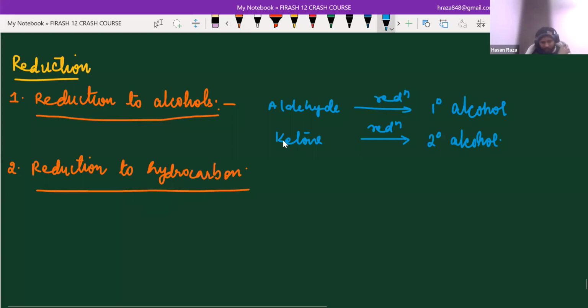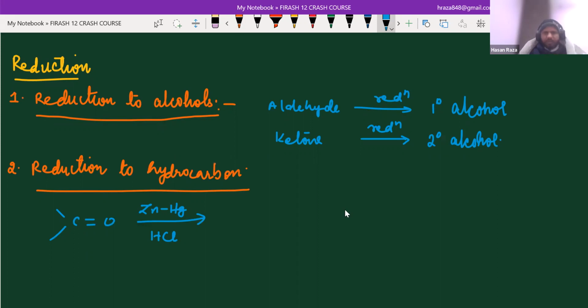That means basically if you are having an aldehyde or ketone, it will be directly converted or reduced to hydrocarbon. So basically, I'm going to write the reaction. If you are having a carbonyl group and you are going to use this ZnHg, zinc amalgam, in the presence of HCl.